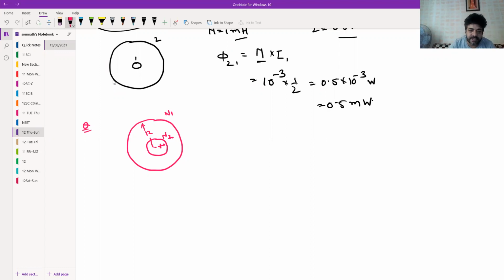Suppose this one current is I1, and the question is to find the mutual induction due to the outer coil. That means I1 on the inner coil.